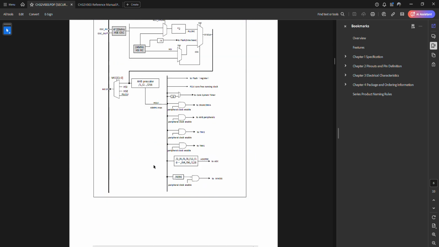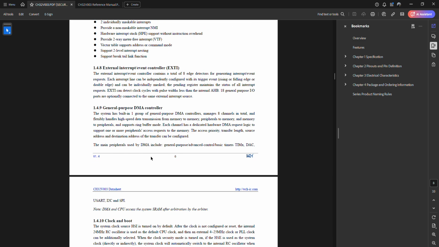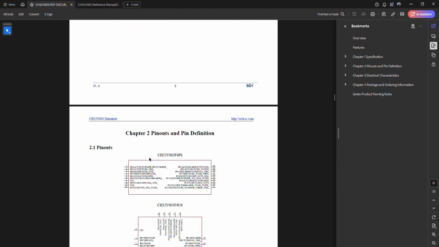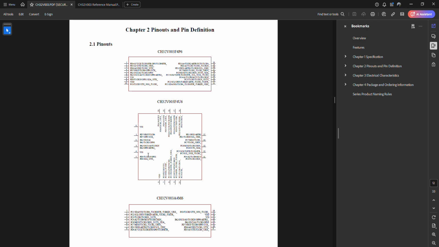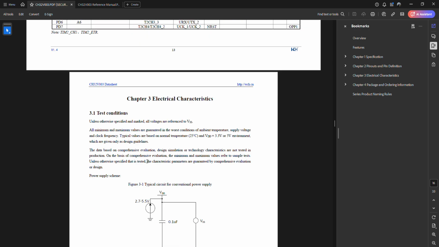There are a lot of specs and diagrams to see, and I'm pretty sure everybody knows how to read a datasheet and a reference manual. So that's the basics of the datasheet.